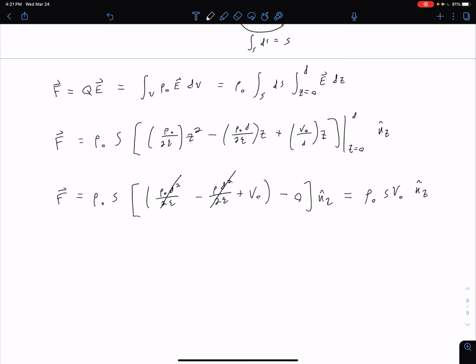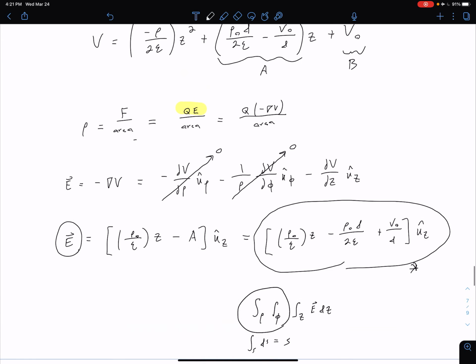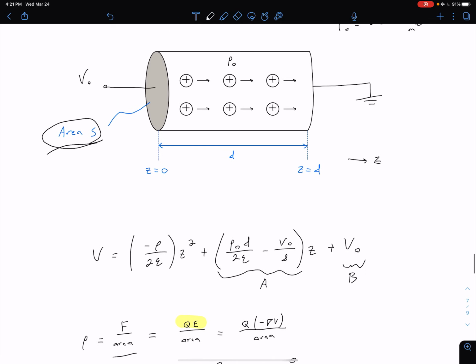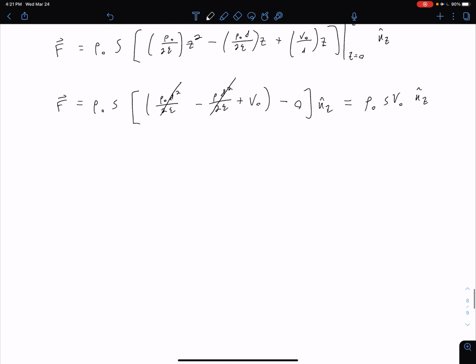Now we go back to that definition of pressure. We said our pressure was force over area, so we need to divide that force by our cross-sectional area, S. So our pressure is equal to F divided by S, which is just going to be rho naught V naught.